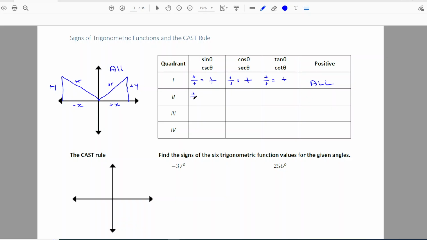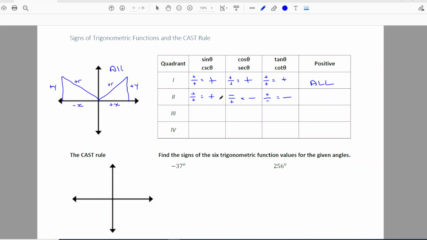It would be positive over a positive, which means that sine is still positive. Whereas cosine is x over r, which would be negative over positive, or if you're looking at secant, it would be positive over negative, but regardless, it's negative. Tan is y over x, or opposite over adjacent, which would be positive over negative, which is negative.